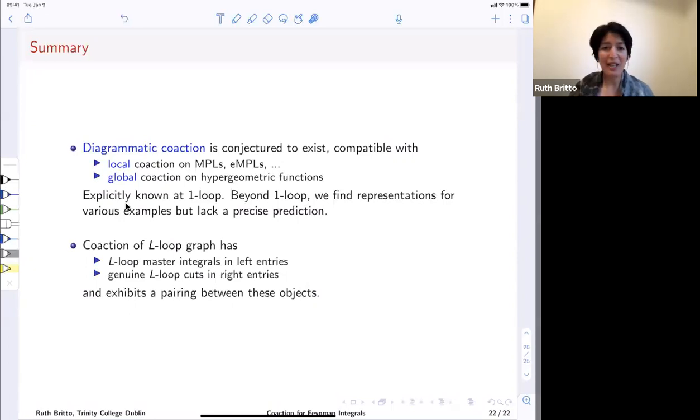Anticipating a question about elliptic examples, we're not ready to formulate a global coaction on hypergeometric functions that would have expansions in terms of elliptic functions, or said differently, that are expanded around non-integer parameters.